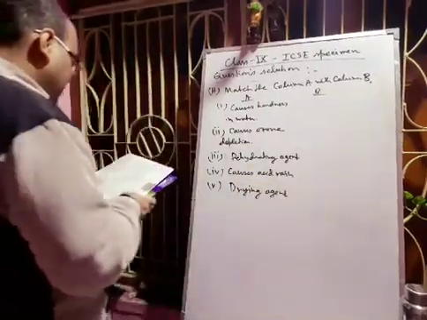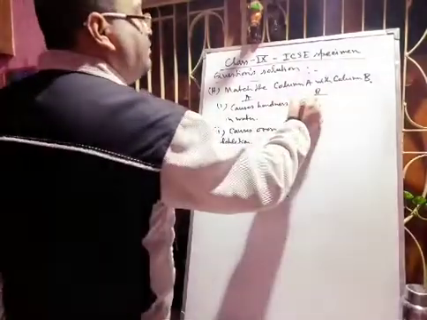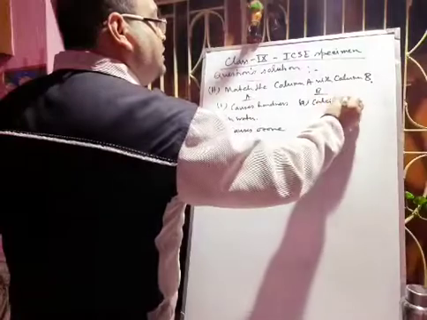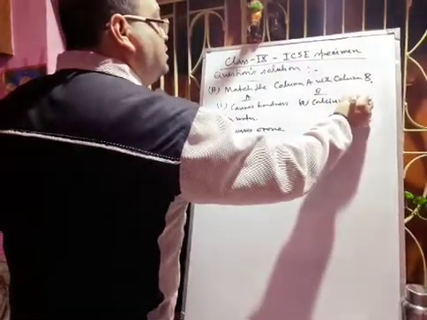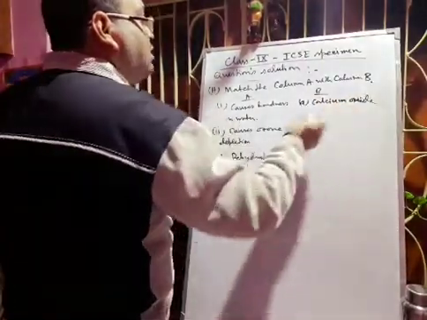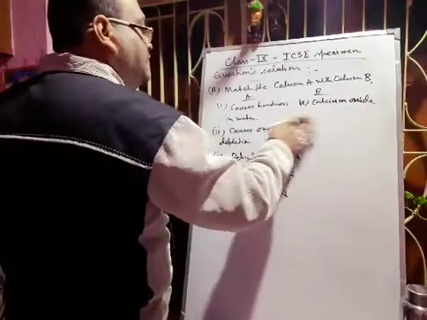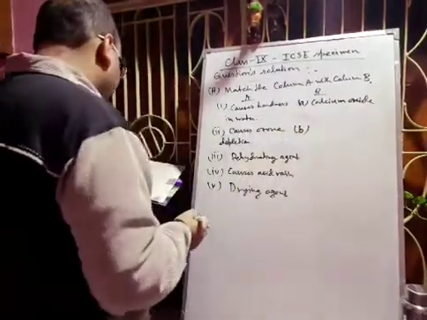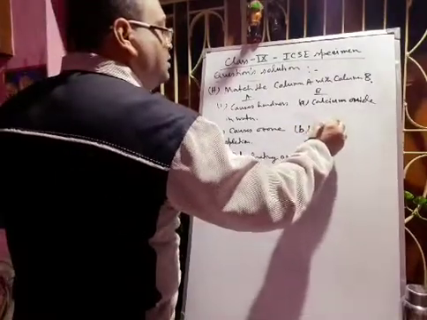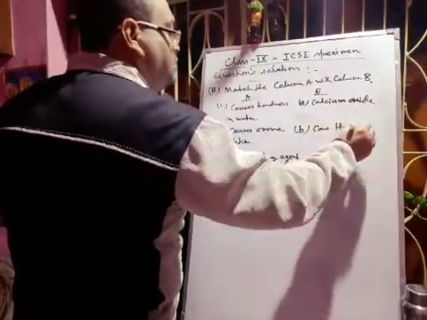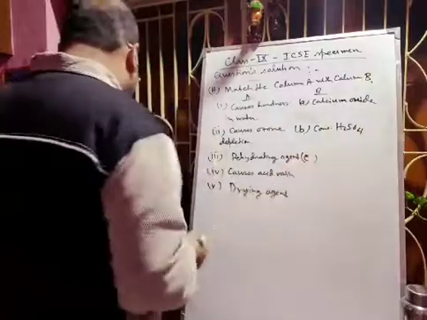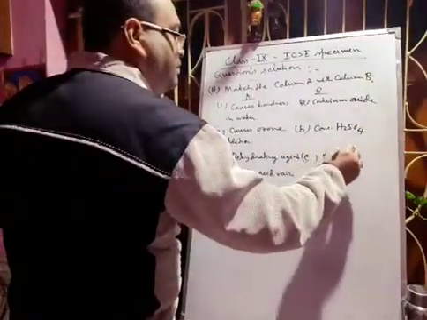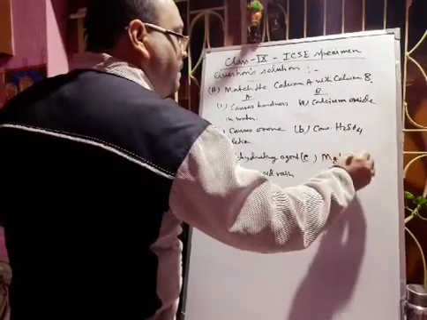Your answers are calcium oxide. This is not answer. This is the column B. After writing this, we will give the answer. Next, concentrated sulfuric acid. Next, C is given magnesium bicarbonate.